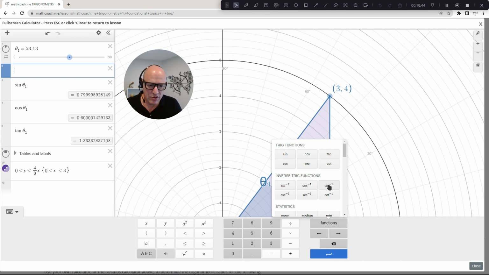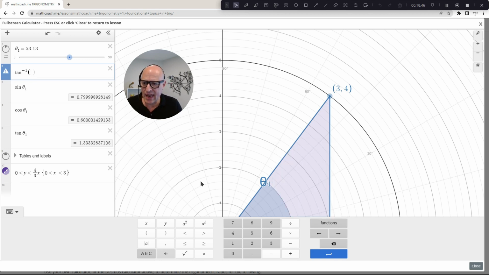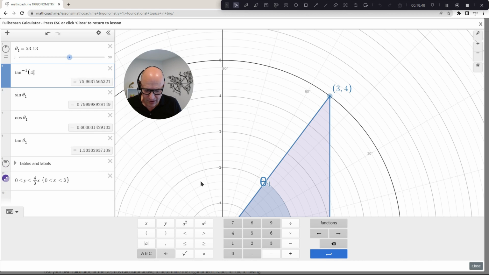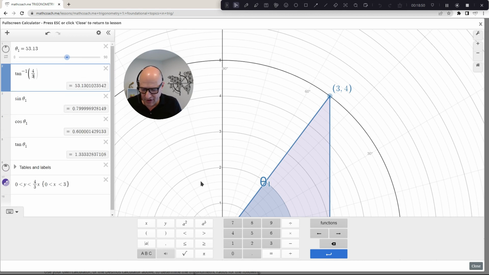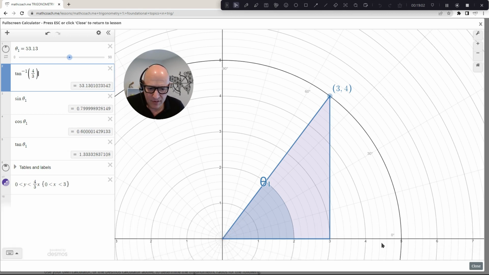So if I were to put in 4 divided by 3, my opposite side 4 over adjacent 3 for my purple 3, 4, 5 triangle, I get the exact value for that angle. Okay, so I get that exact value.